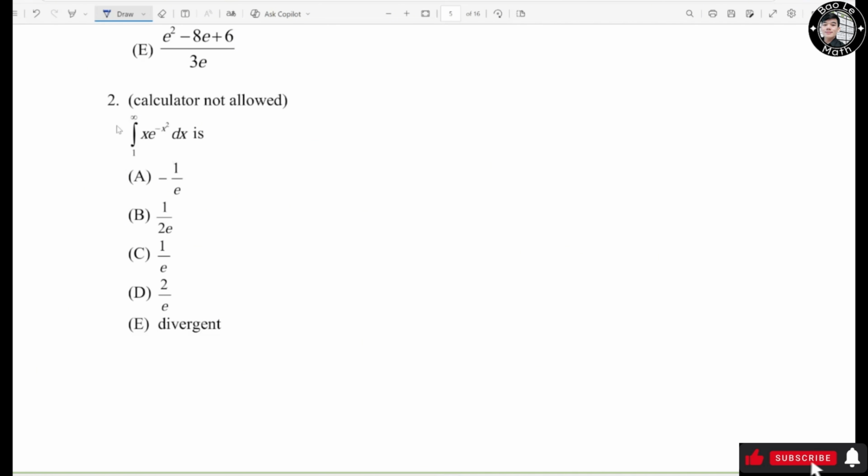Now question 2. We need to calculate the integral from 1 to infinity of s times e to the negative s squared ds. This one we can do with u substitution. We have u equals negative s squared, then du equals negative 2s ds, then s ds equals negative 1 half du.